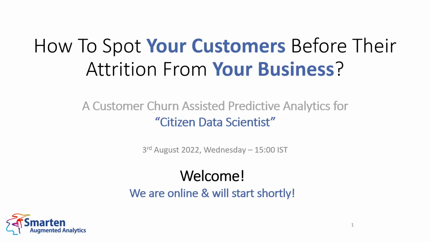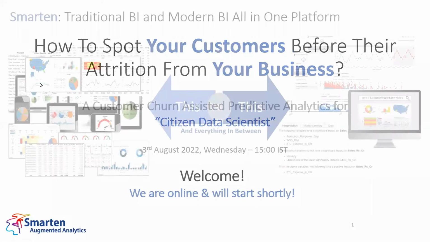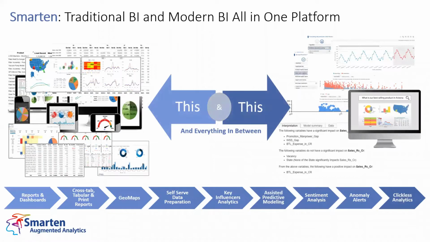In the next slide, I'll give you a very brief of Smarten and its features. We call Smarten a traditional BI and modern BI in one platform. So you get all the traditional BI components and modern BI components under one umbrella. Smarten provides you reports and dashboards.